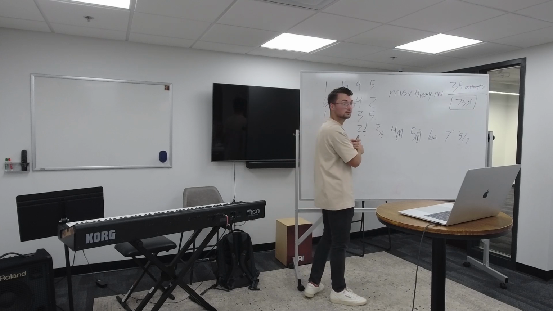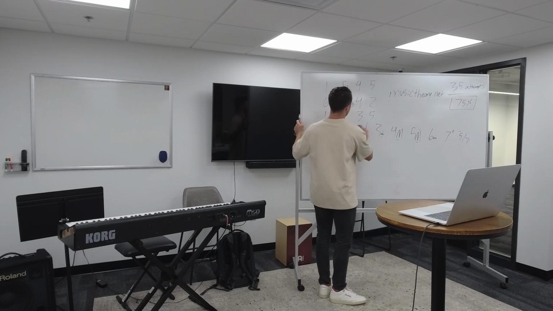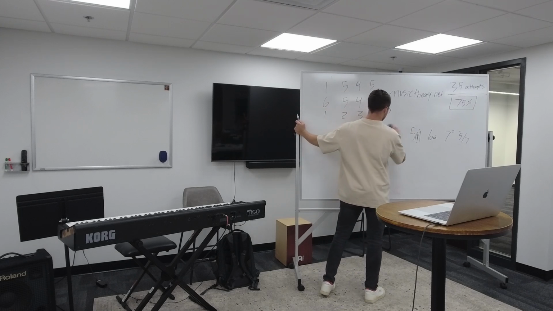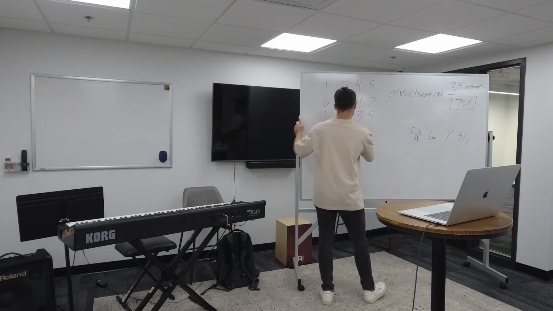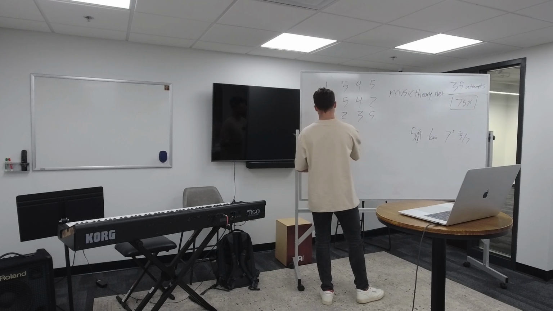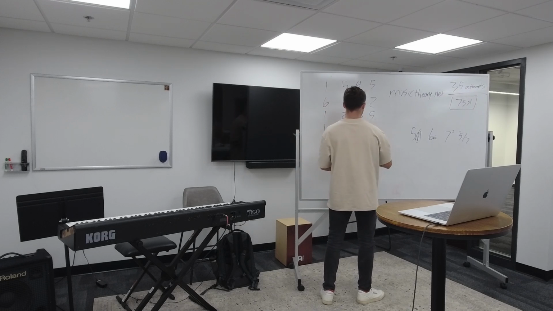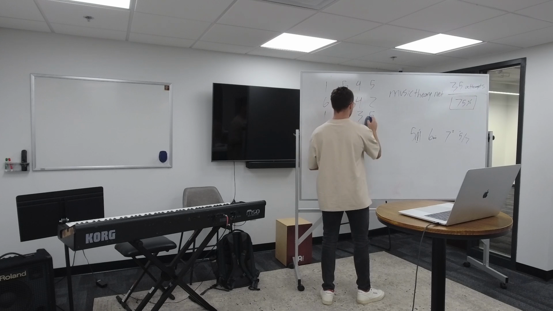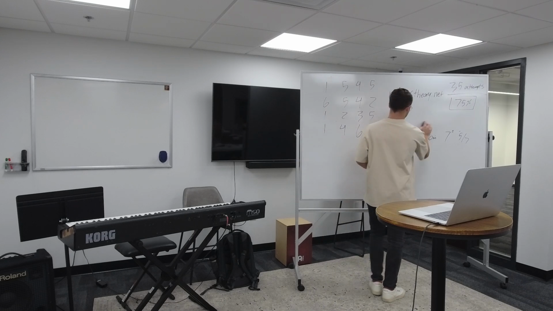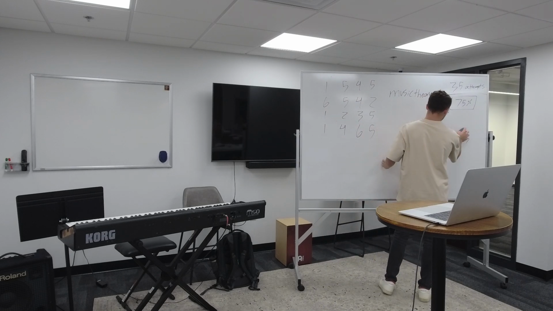One more. 1, 4, 6, 5. Great. I'm just making sure they're random numbers. 1, 4, 6, 5. All right.